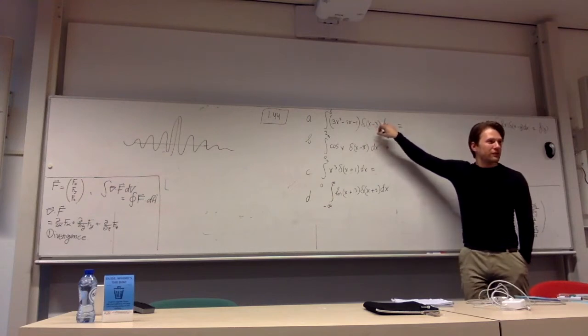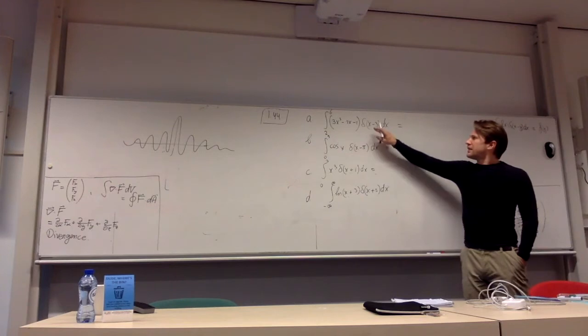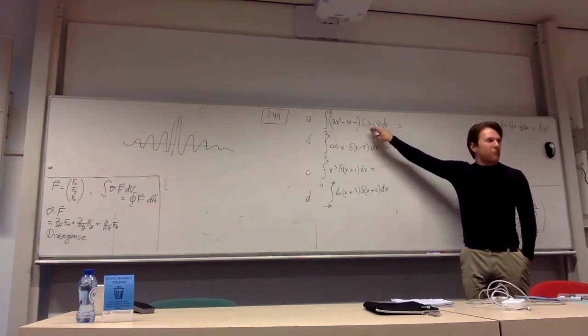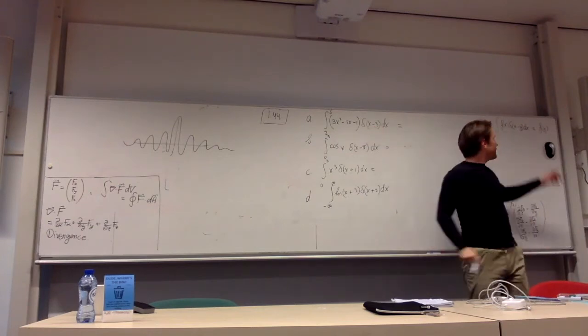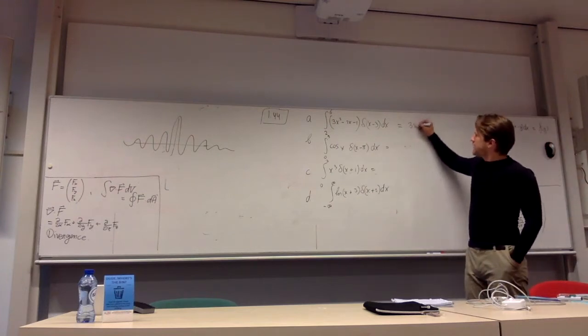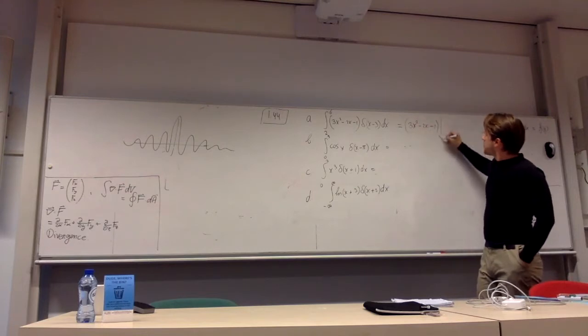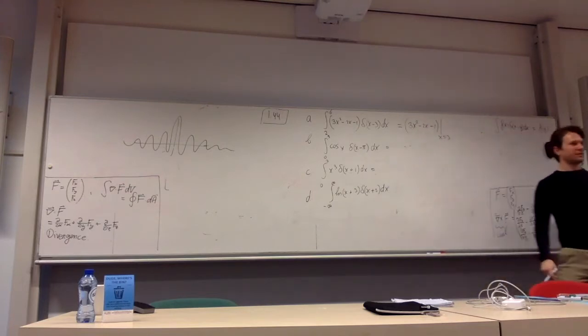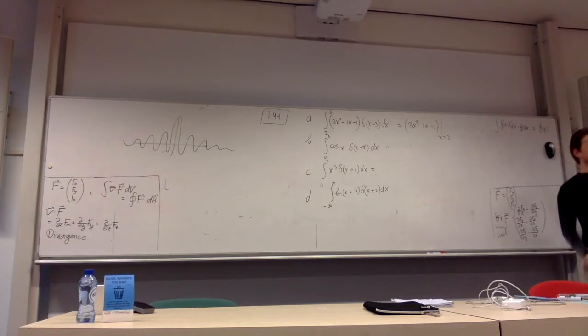That's what the Dirac-delta does. So x should be 3. All right. Then this defining property says, well, take the rest of the thing inside the integral, and then replace all x's by 3's. Okay, so that's just 3x squared minus 2x minus 1. But all x's should be replaced by 3's. And then some number comes out.